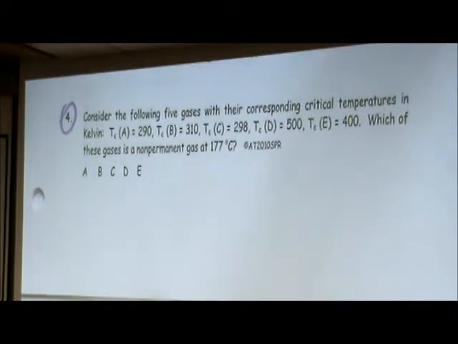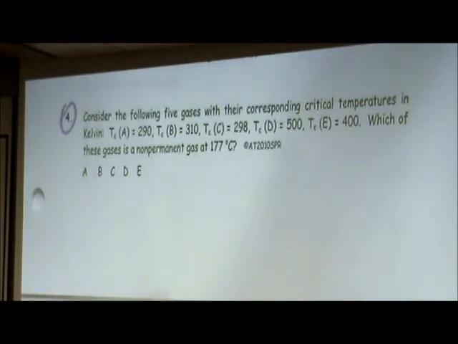So how much is 177 plus 273, right? You have this equation on the last page of your exam. So Kelvin is 273 plus Celsius. So that will be 450 Kelvin, right?